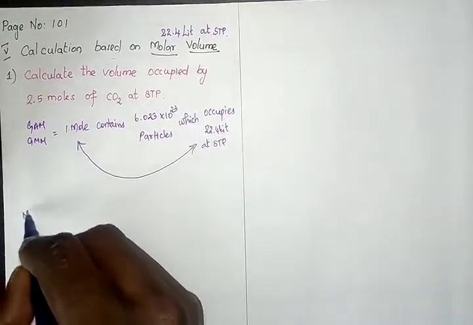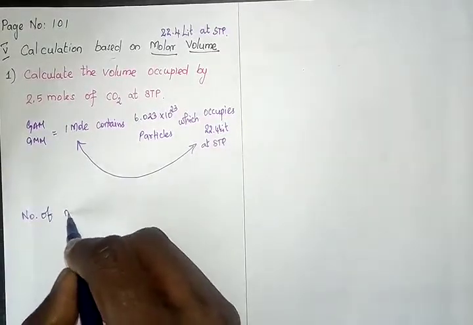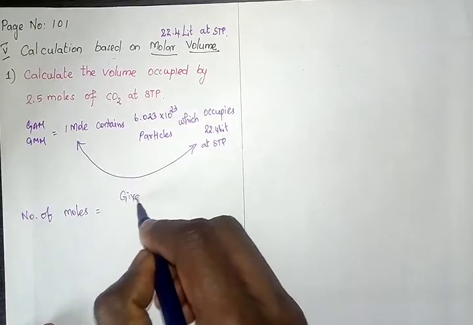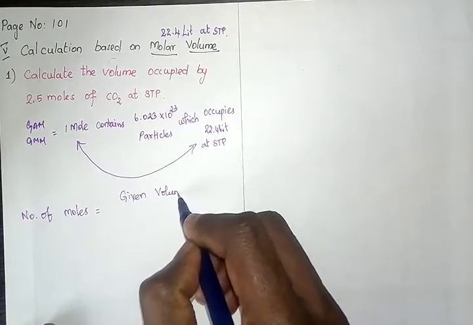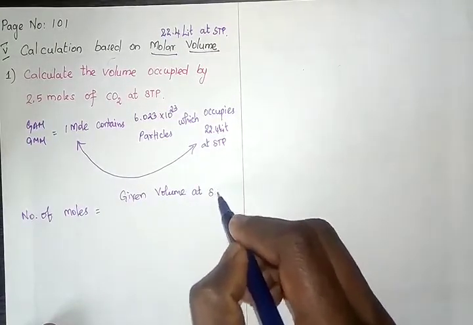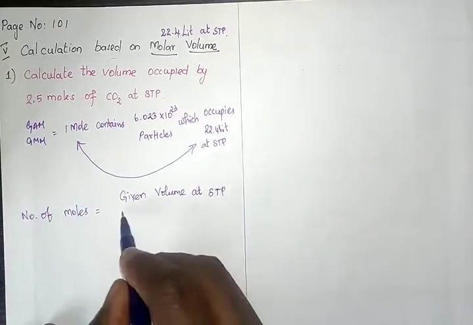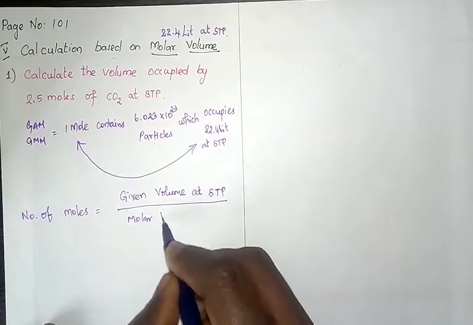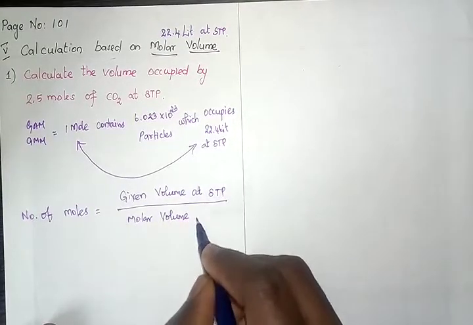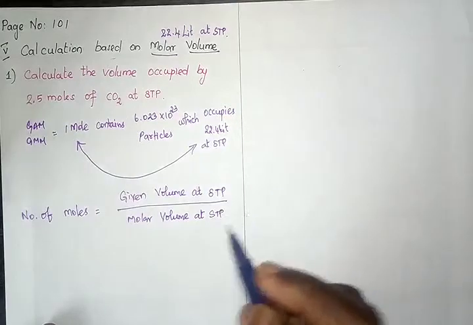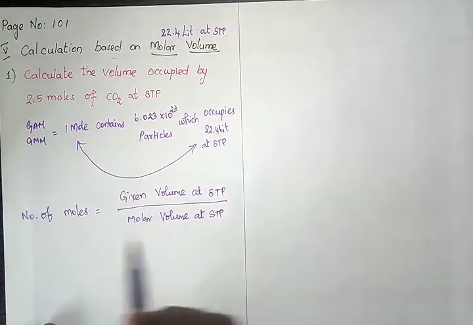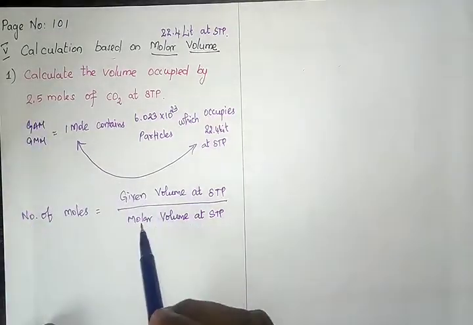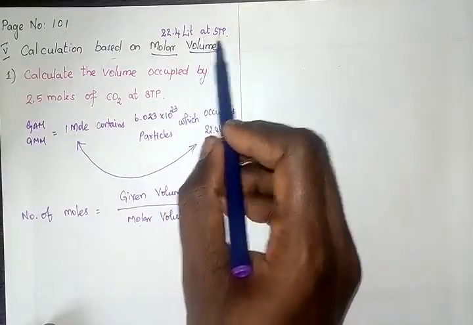Number of moles is equal to given volume at STP divided by molar volume at STP. So now we know this and we know this. So number of moles is given 2.5 and molar volume is 22.4 liters at STP.